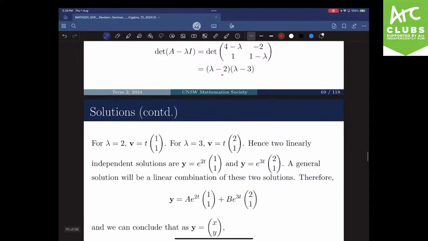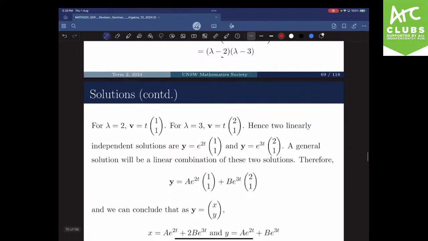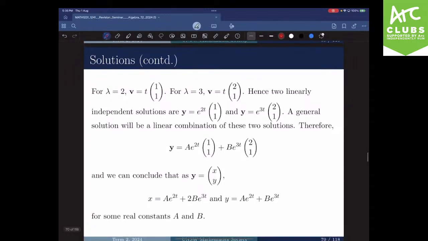And hence we get two linearly independent solutions, which are y equal to e to the 2t times 1, 1, and y equal to e to the 3t times 2, 1. We note that a general solution will be a linear combination of these. So y is equal to a times e to the 2t times 1, 1 plus b times e to the 3t times 2, 1.